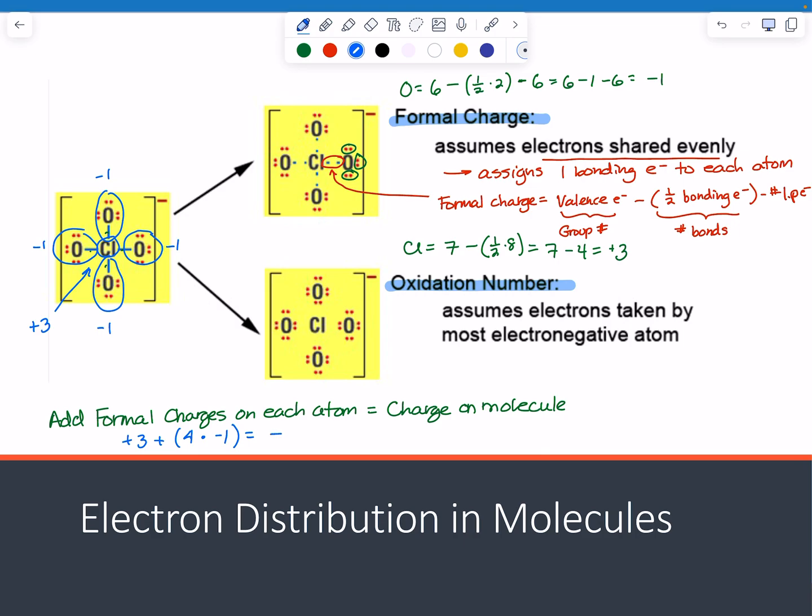So the sum of our formal charges is -1. And if we look at the molecule, it's a species with a -1 charge. So adding up those formal charges gives you the charge on the molecule itself.